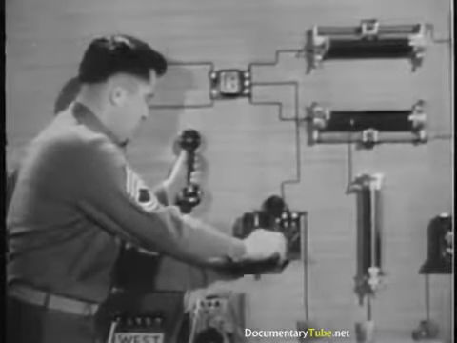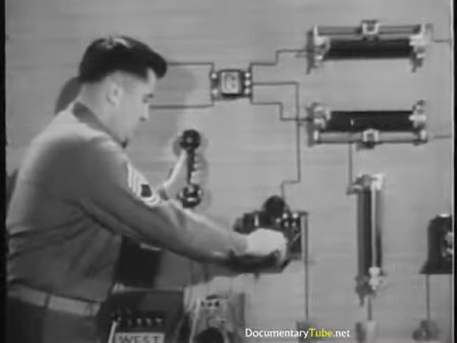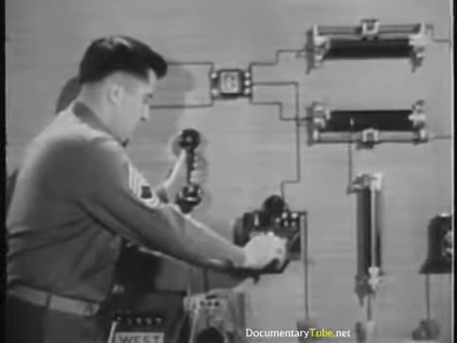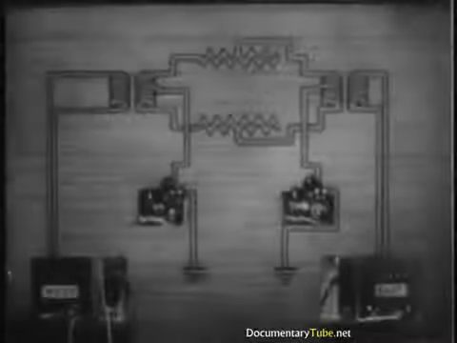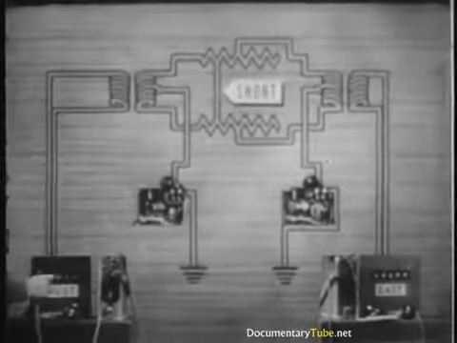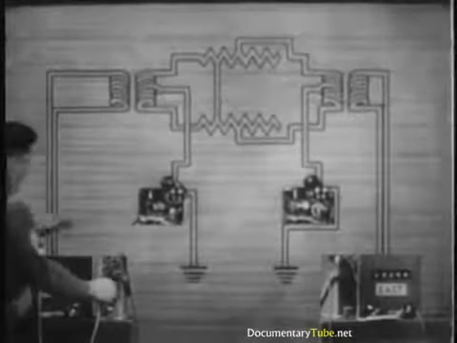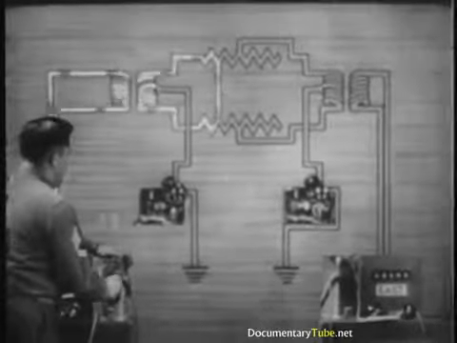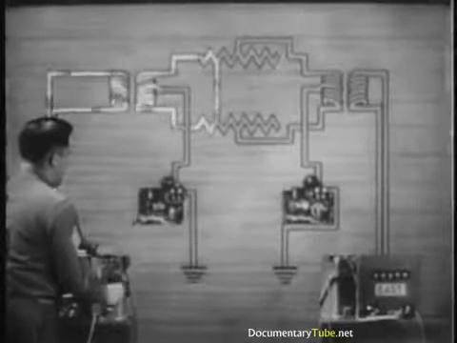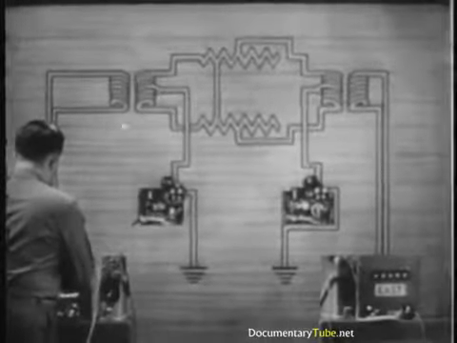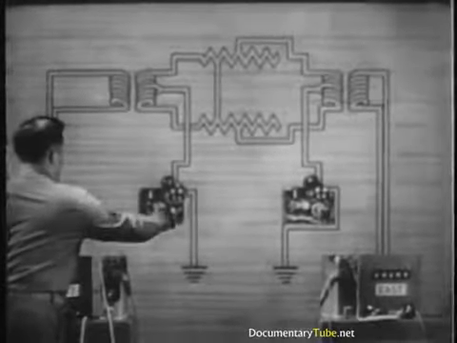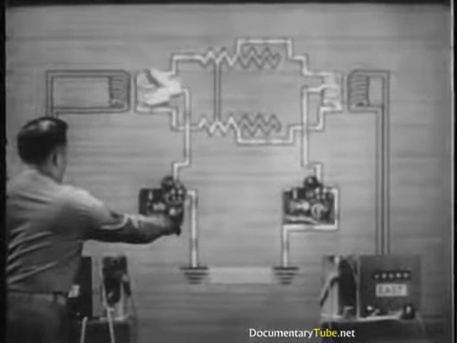So much for the simplex. Here is what we have seen so far. When the line is shorted, the telephone channel's no good, but the telegraph channel's as good as ever.